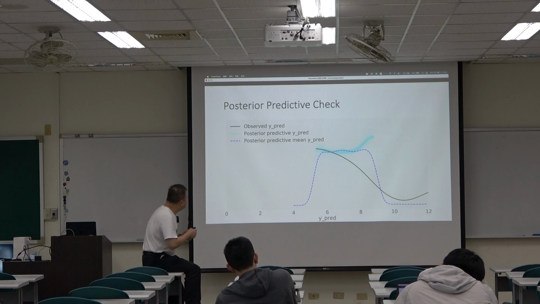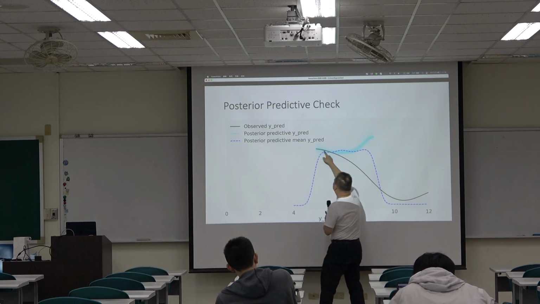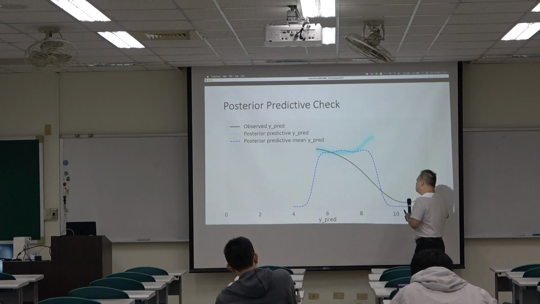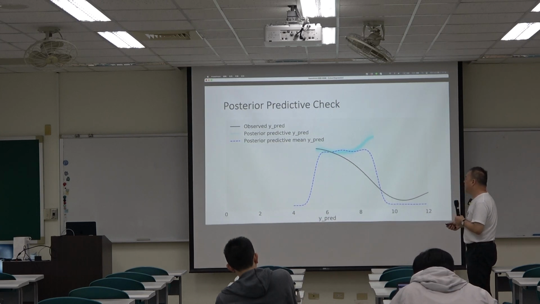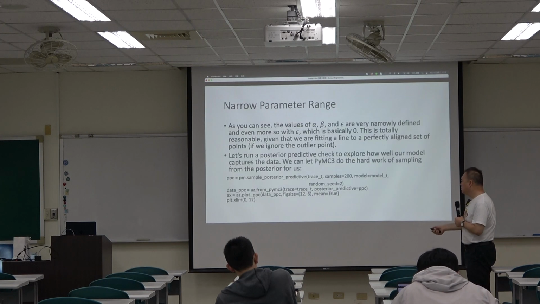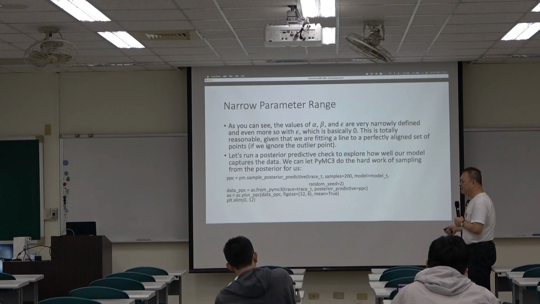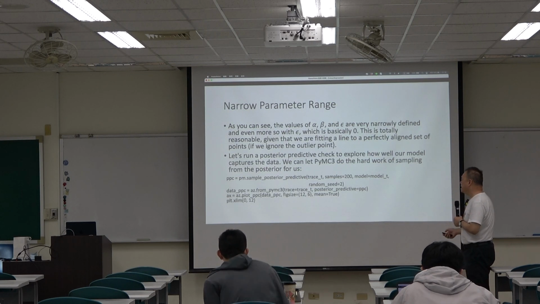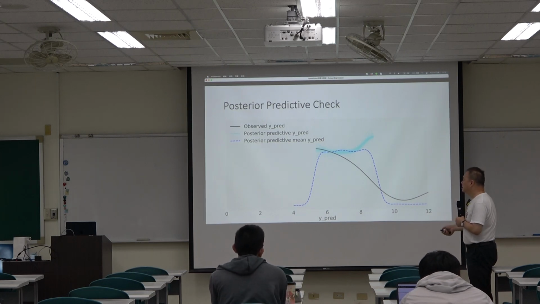If you still remember, this black line is the distribution of the Y value. Because this posterior predictive check is used to generate the Y, we use that to draw the kernel function.